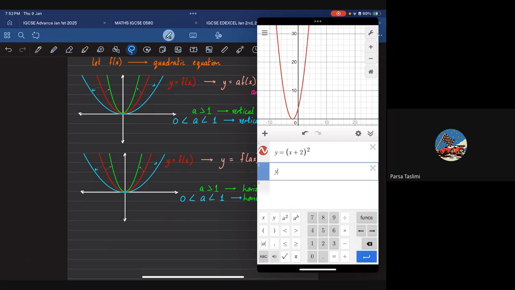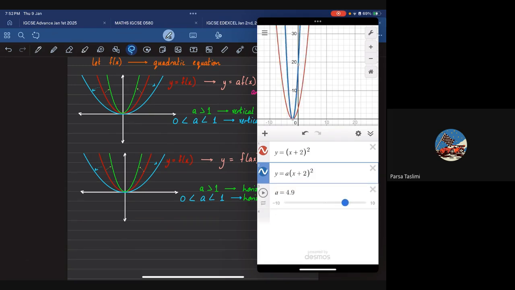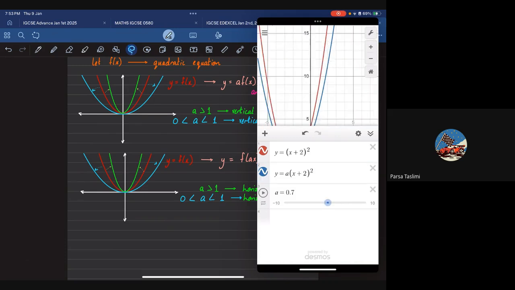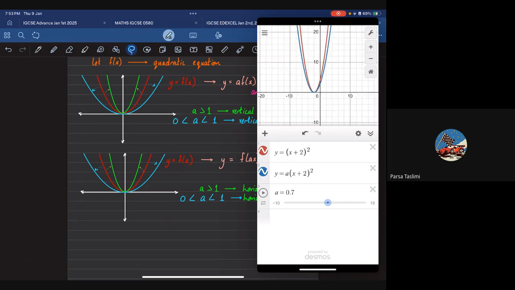If something is multiplying on the outside, like if I put a slider on there, with x plus 2 whole squared, then if I increase it above 1, there's a vertical stretch. If I go less than 1, the blue graph has gone a bit wider than this. You guys can probably not see it to that extent because we are zoomed out, but that's how it is.